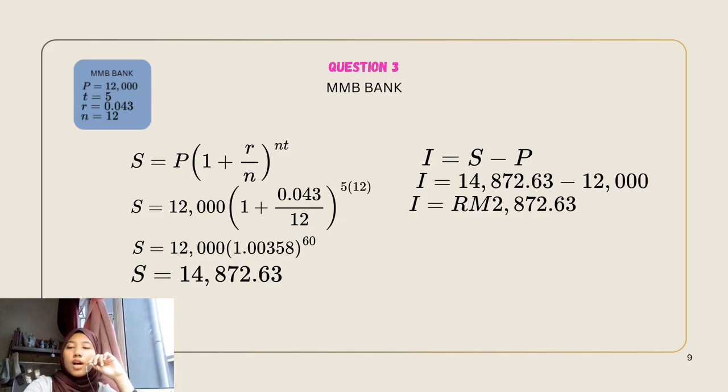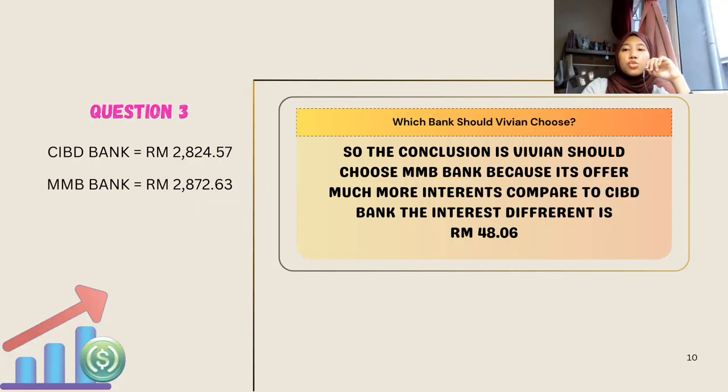Then we use the interest formula S minus P: 14,872.63 minus 12,000. We get the interest for MMB Bank as RM 2,872.63 Malaysian ringgit.